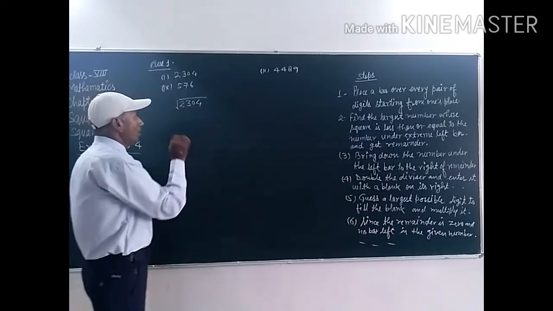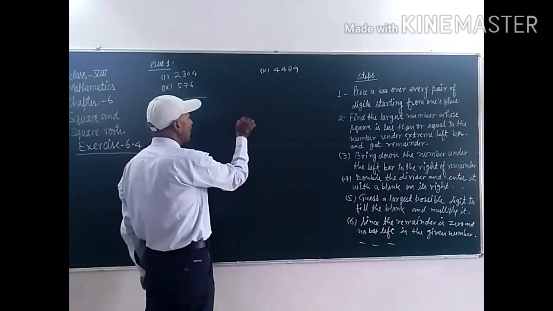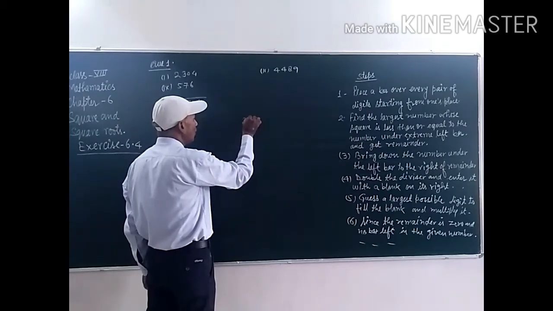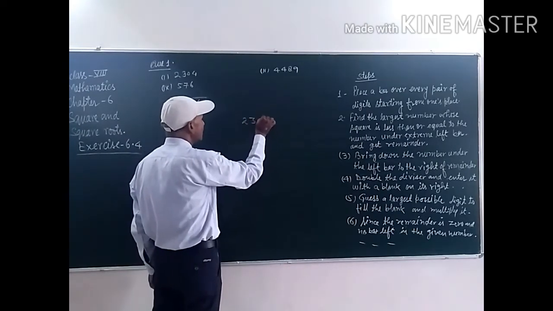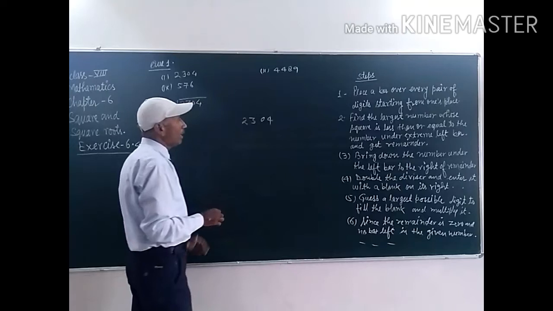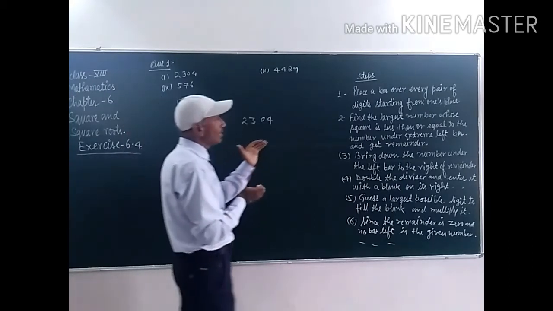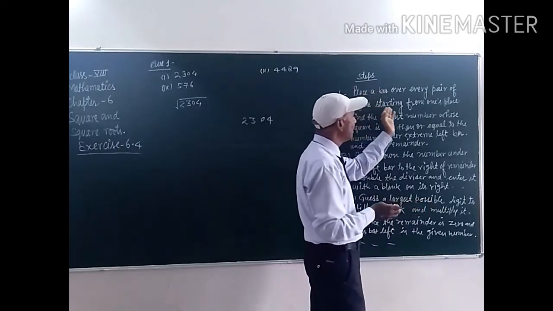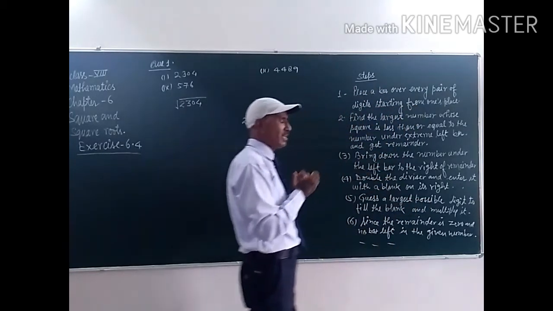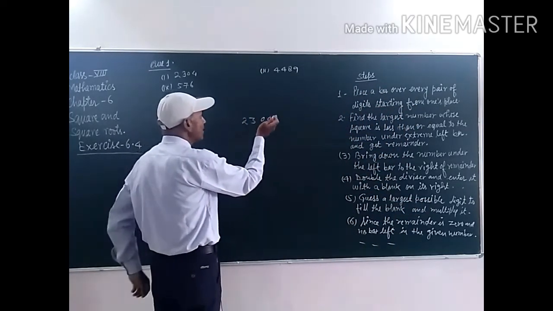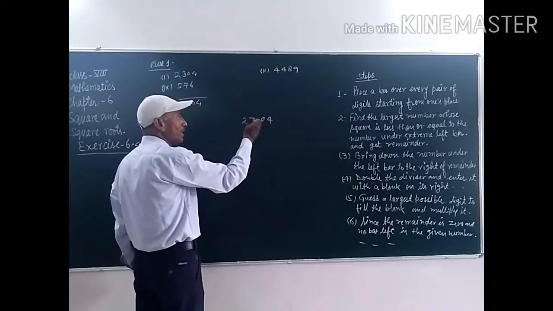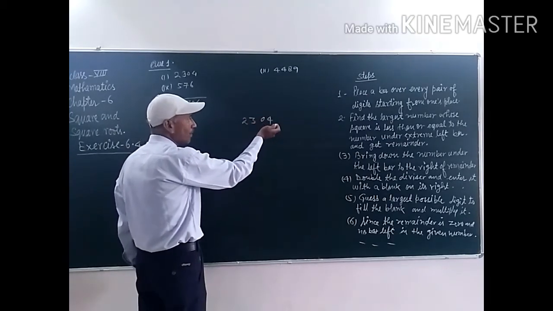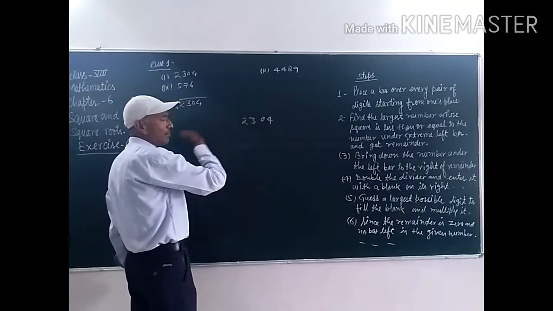So, first of all, we have to write this number 2304. And the first step, that is, place a bar over every pair of digits starting from the ones place. Starting from the ones place, it means we have to place the bar over the numbers from right to left, students.